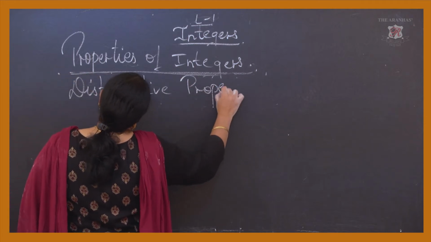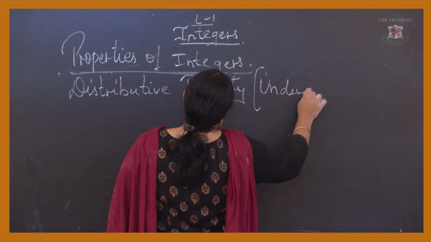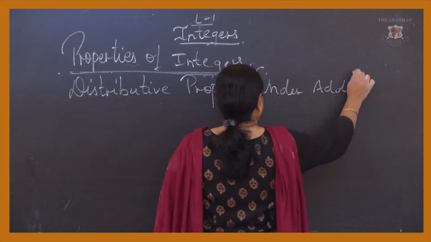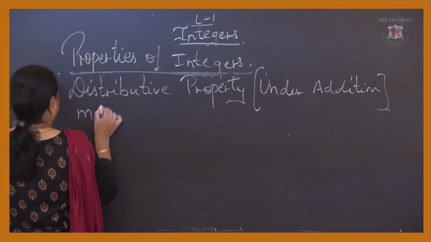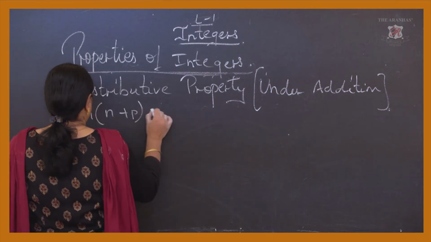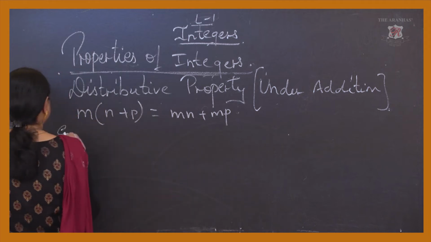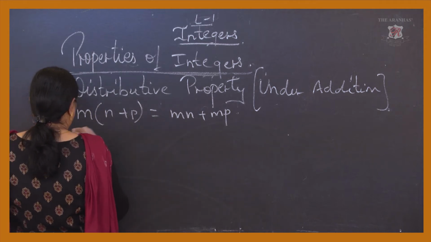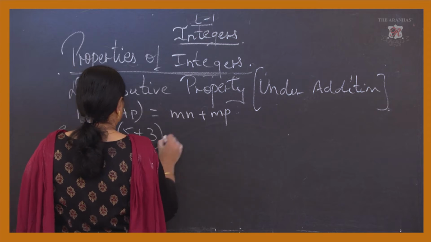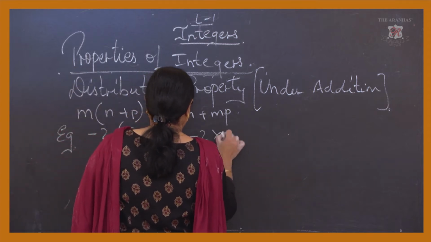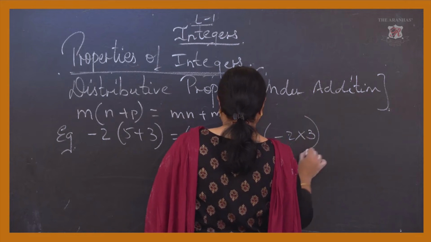Okay, now under your distributive property, again you are having under addition, m into n plus p is equal to mn plus mp. I am taking an example as minus 2 into 5 plus 3 is equal to minus 2 into 5 plus minus 2 into 3.